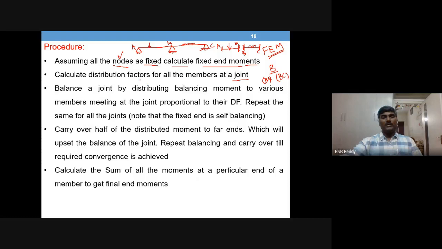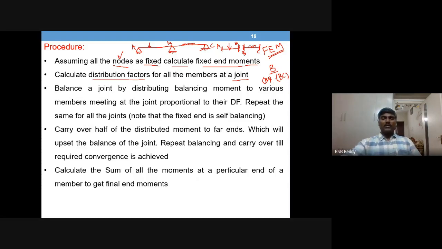So that is step 2. In step 1, we have got fixed end moments of all the members at all the fixed ends. Then the next step is to calculate distribution factors.